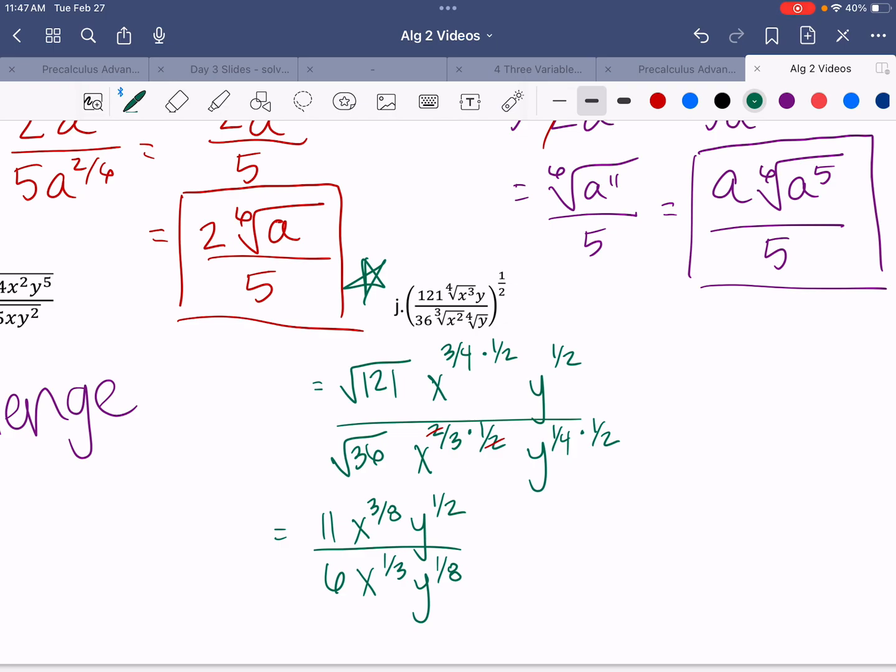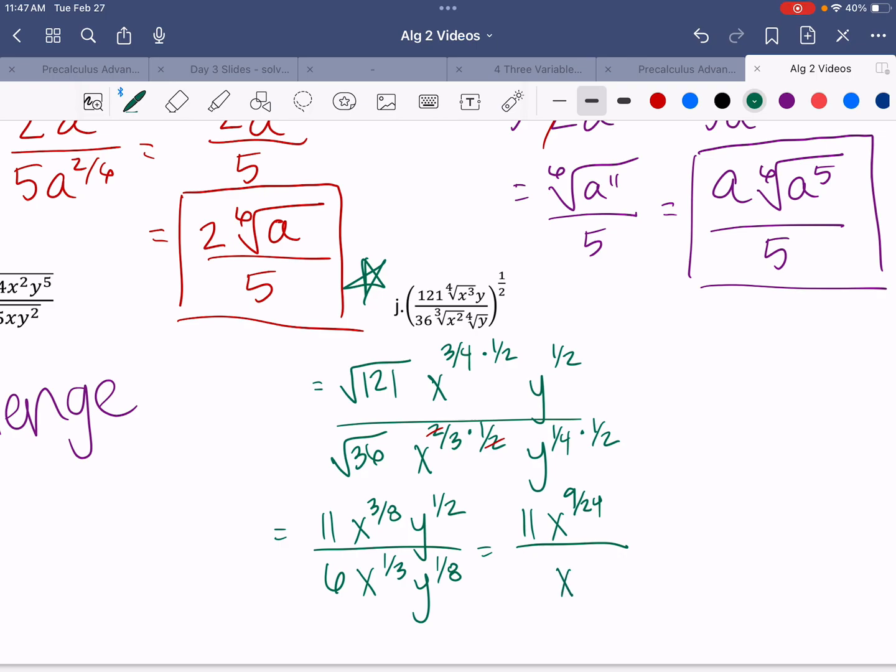Okay, I can still keep reducing here my x's and y's, but I need a common denominator. So for my x's, I'm going to do 8 times 3, so I'm going to use 24ths. So I'm going to have 9/24, because I'm multiplying by 3.